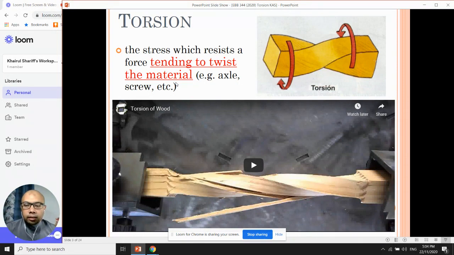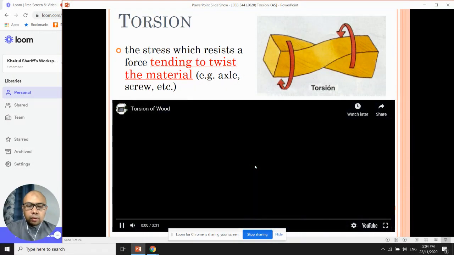I tried to find an example for a metal rod, but here I just take an example of how the torsion test has been conducted, where the load is applied at the clamp at the edge of the material or the product. You need to watch this video.